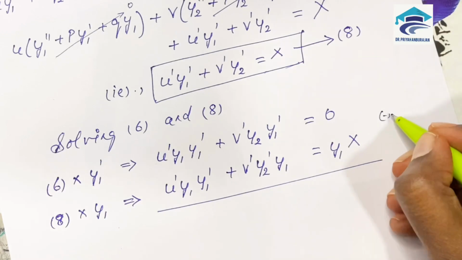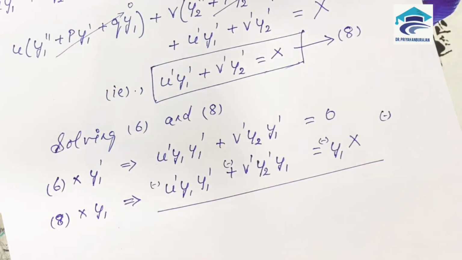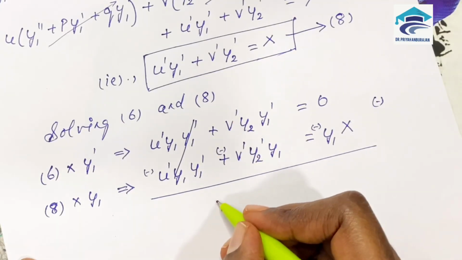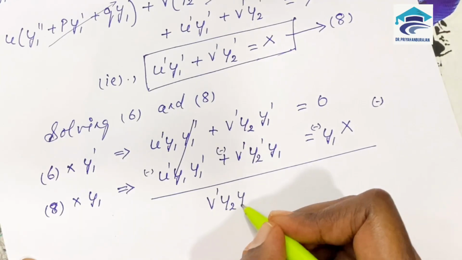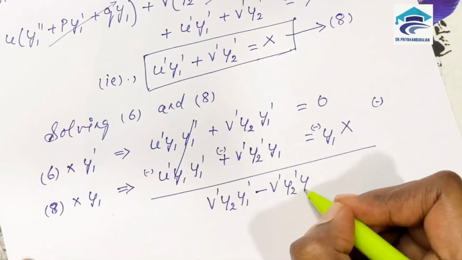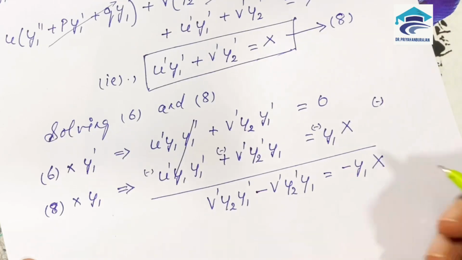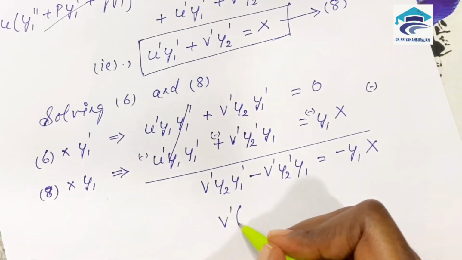Let me subtract this. This will become minus, this will become minus, and this will become minus. So I can cancel these two terms, and here it will be v dash y2 y1 dash minus v dash y2 dash y1 is equal to minus y1 x. So what about our v dash? So let me take v dash outside.